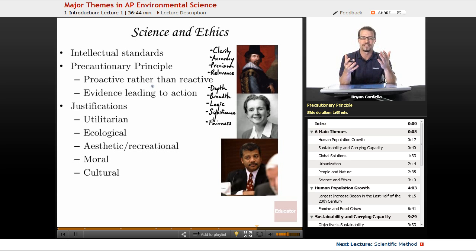Coming up with solutions to these issues, like I said, can have some economic benefits if they're dealt with in the right way. So rather than waiting for, in a sense, hell on earth to exist because we've damaged the environment past the point where we can recover, it's just better to be proactive rather than reactive. And so evidence leading to action. As time goes on, more and more evidence is being compiled about how humans are negatively impacting the environment.